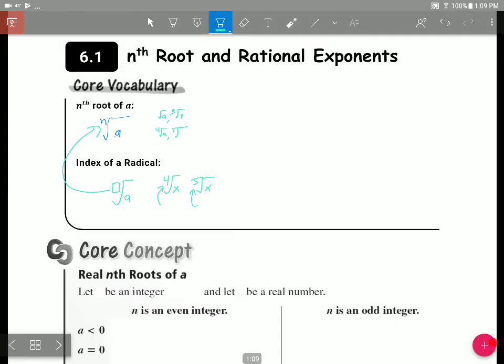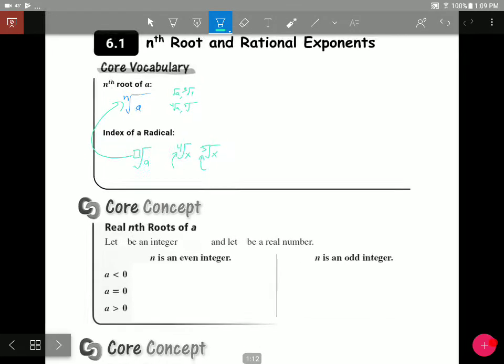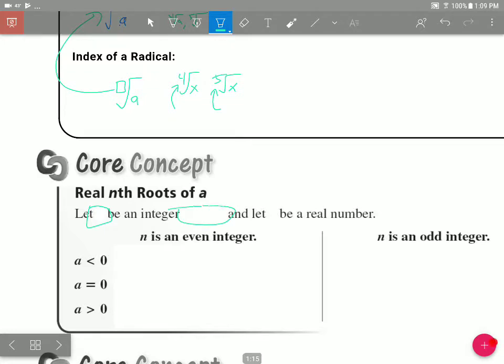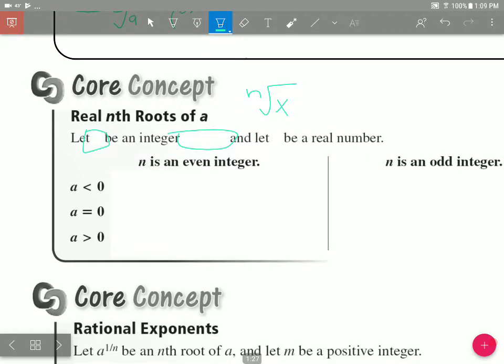For actually solving these things, I really do not remember what a lot of these blanks mean. So basically, if I am taking the nth root of a variable, if that n is even, like the square root of x, the fourth root of x, the sixth root of x, any even numbered root, and you are less than 0 on the inside, then you're going to get 2 imaginary solutions.